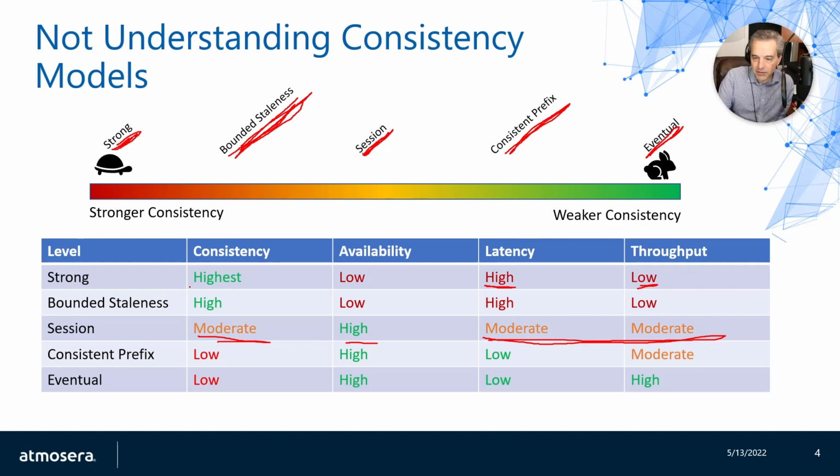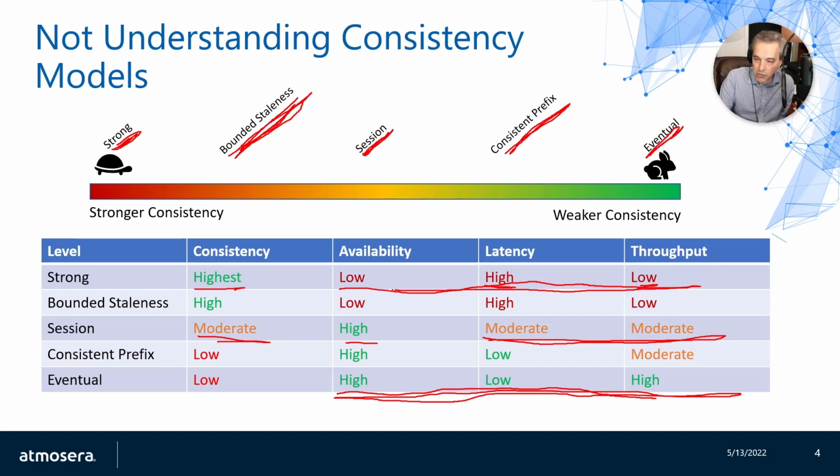But in all that, the trade-off between strong consistency and eventual consistency is basically performance. If you want that stronger consistency, which most people in my experience don't really need, you're going to have high consistency, but your performance is just going to stink because you're not going to get good throughput. You're going to have high latency and availability is not going to be very good.